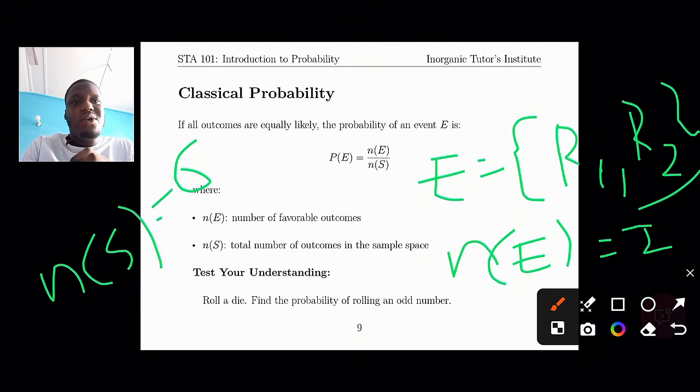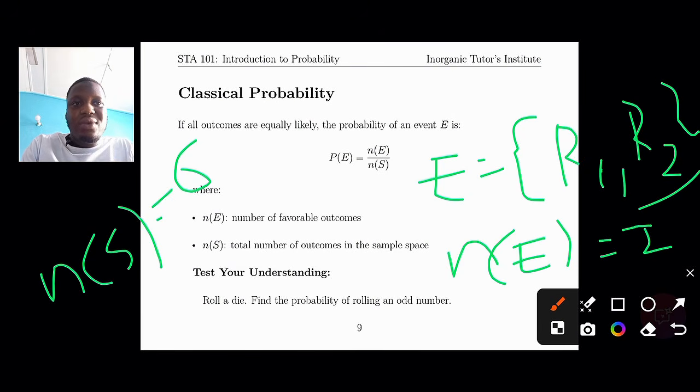The event of odd number is 1, 3, and 5, so the number of elements in the event is 3. We divide this 3 by the number of elements in the sample space, which is 1, 2, 3, 4, 5, and 6. So the chances of rolling an odd number is 3 over 6. And it is intuitive because we have 3 odd numbers and 3 even numbers.